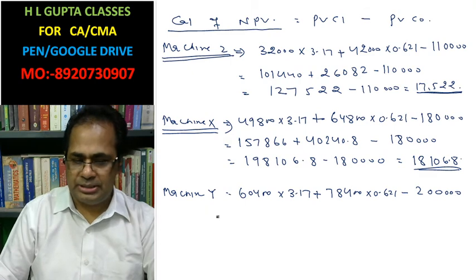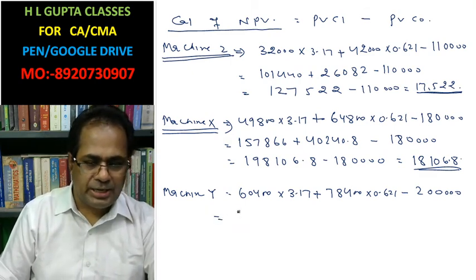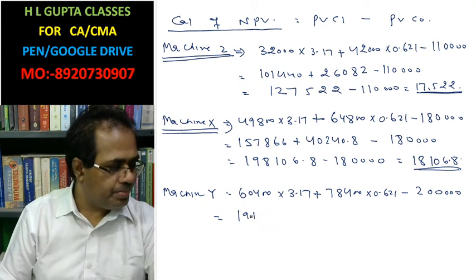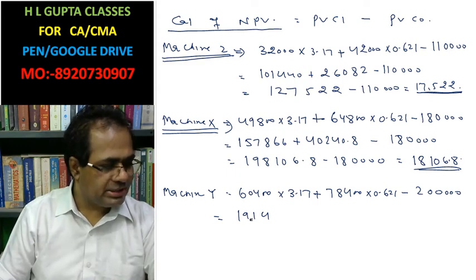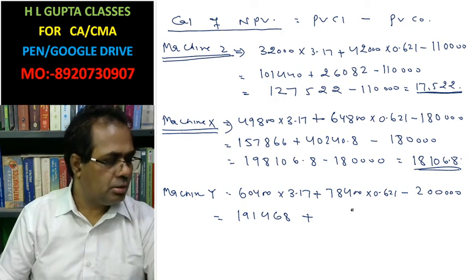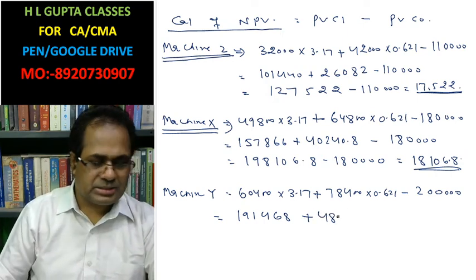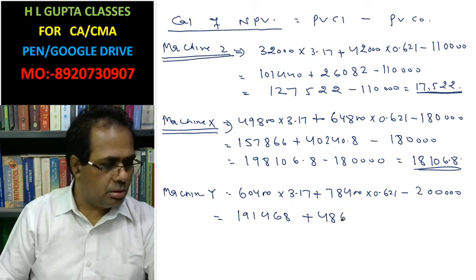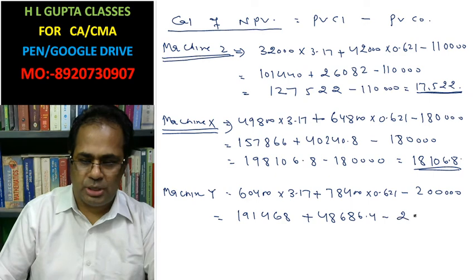This is rupees 1,91,468 plus 48,686.4 minus 2 lakh.